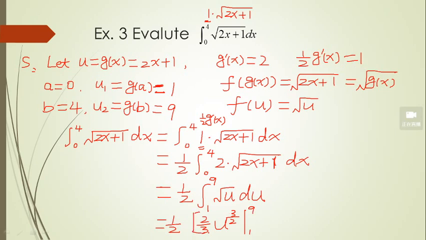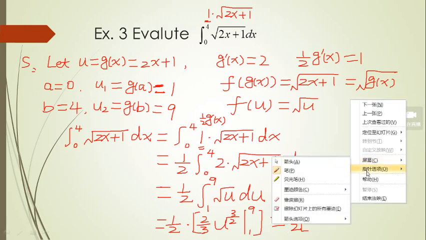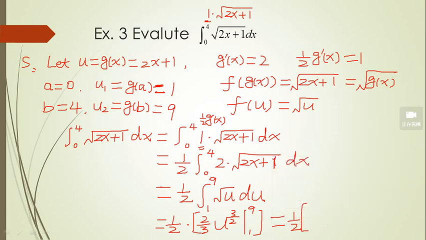Then you get the answer for the definite integral first, then times 1/2. Actually you can move the 2/3 outside, the constant outside, it doesn't matter.